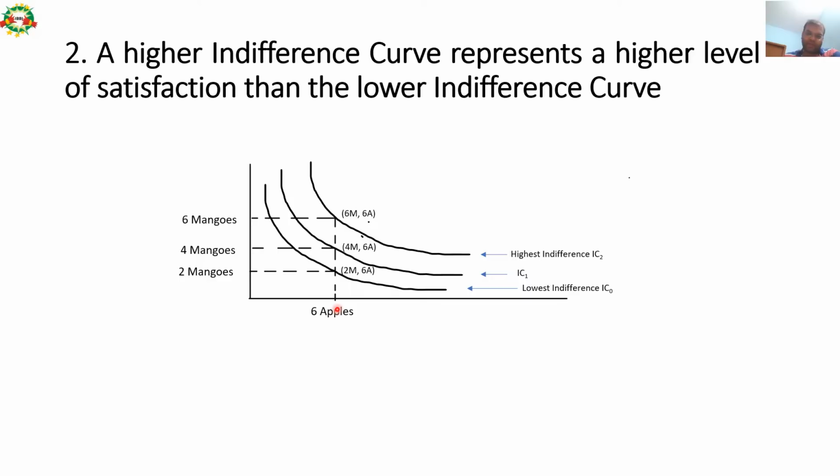Likewise, any person sitting on the lower indifference curve will get 2 mangoes only, and the combination of 2 mangoes and 6 apples will give lower satisfaction as compared to the combination of 4 mangoes and 6 apples. So this lower indifference curve will give lower level of satisfaction to the customer.